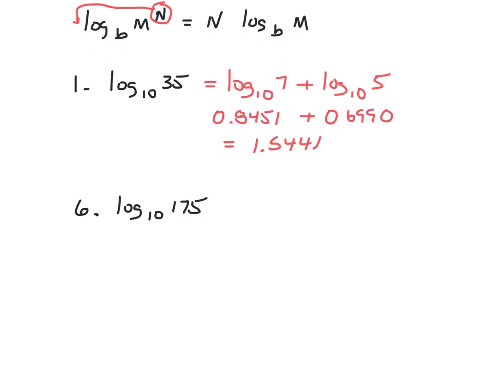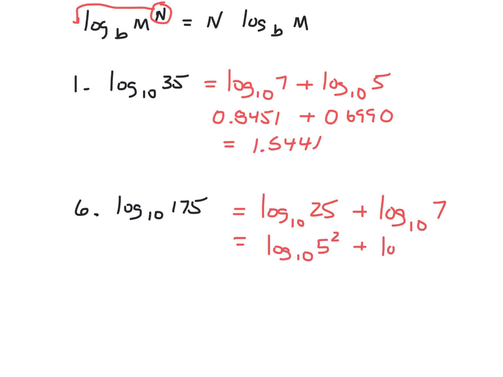Number 6 here in the practice is 175. You could break that up into log base 10 of 25 plus log base 10 of 7, because 25 times 7 is 175. And 25 could be written as 5 squared. Then this power can be moved out in front, so it's 2 times the log base 10 of 5 plus the log base 10 of 7.